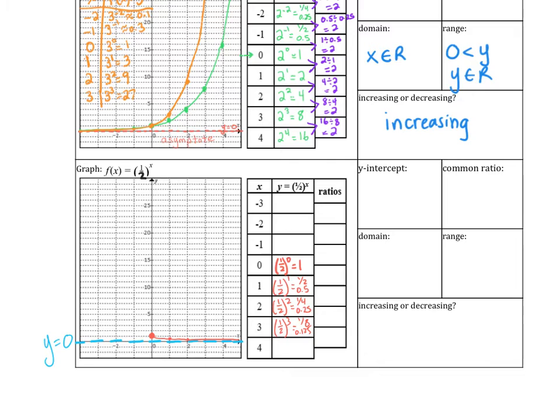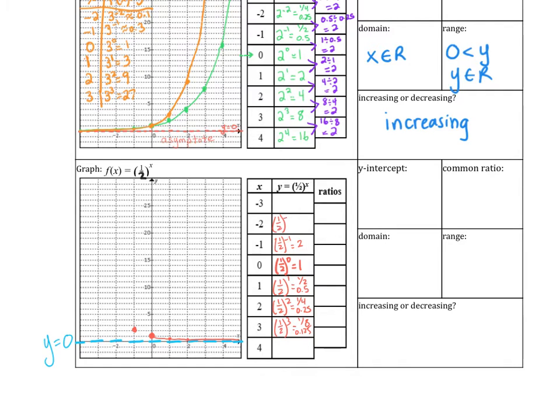Then on the negative side, if you have 1/2 to the -1, remember negative exponents mean that you flip the exponent upside down. So that would be 2 to the 1, which is just 2. So at -1, your y value is 2.